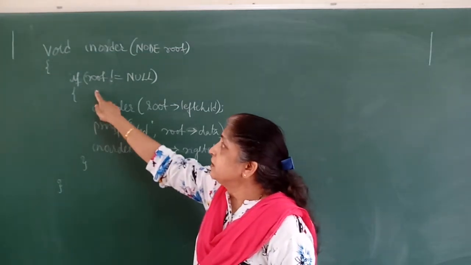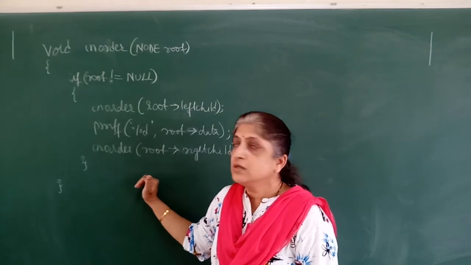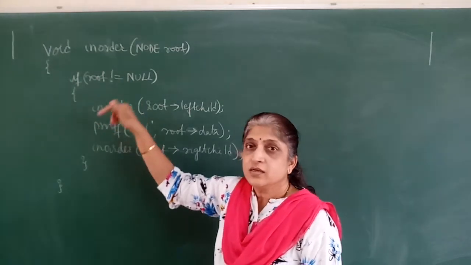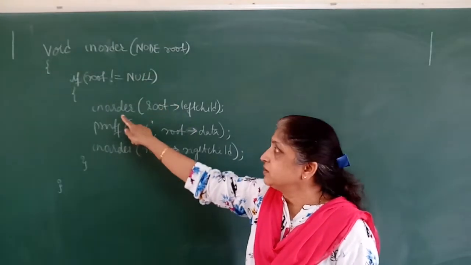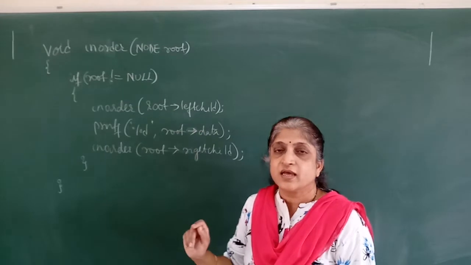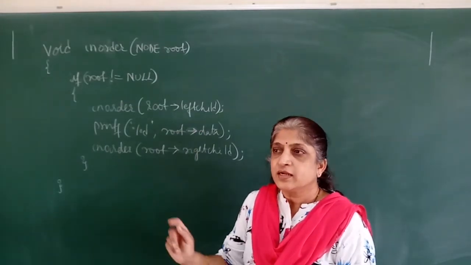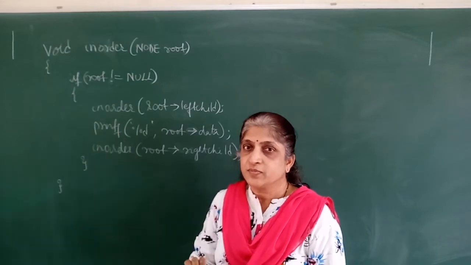Then, if root is not equal to null, we perform this operation. We call the in-order function by passing root's left child as an argument. That is, we first try to visit the whole left subtree.